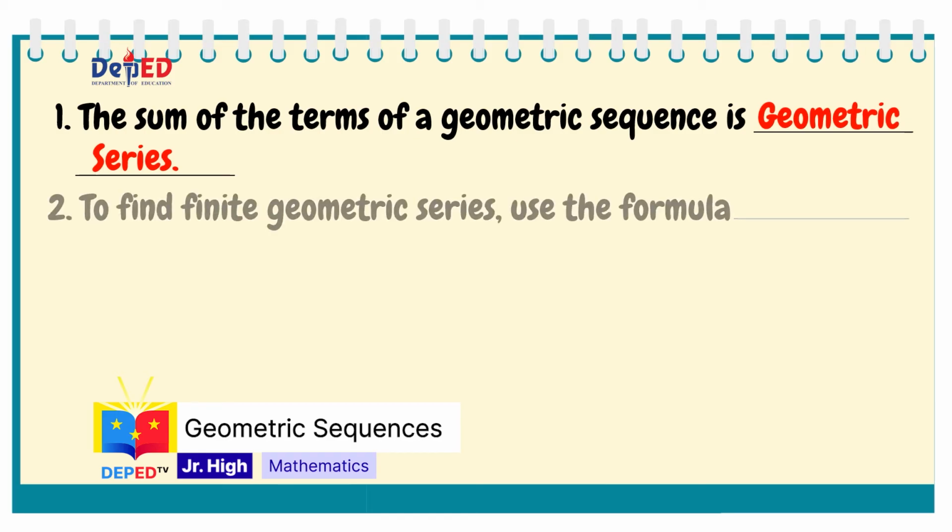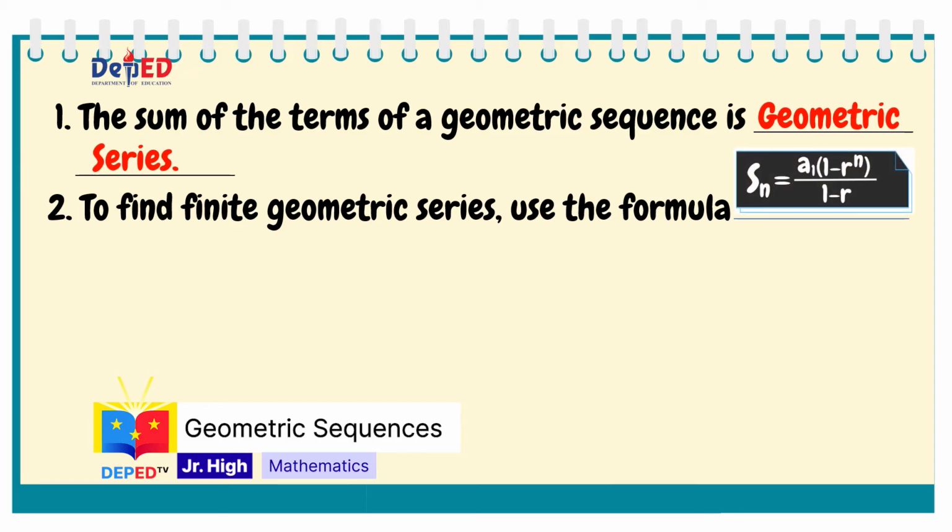Number 2. To find finite geometric series, use the formula... Alright, that is S sub n is equal to a sub 1 times the quantity 1 minus r raised to n all over 1 minus r.